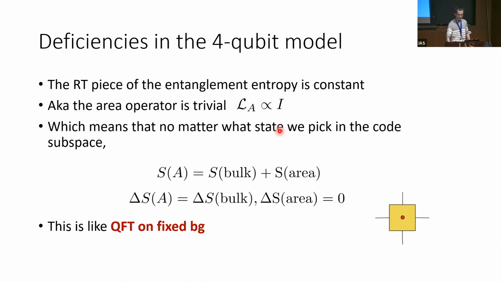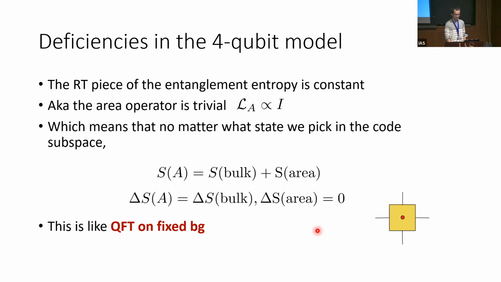However, here, nothing of that sort is happening. No matter what kind of bulk state you're putting in, aka the logical state you're putting in, the resulting area term is constant. So this is more of an analogy of QFT on a fixed background.